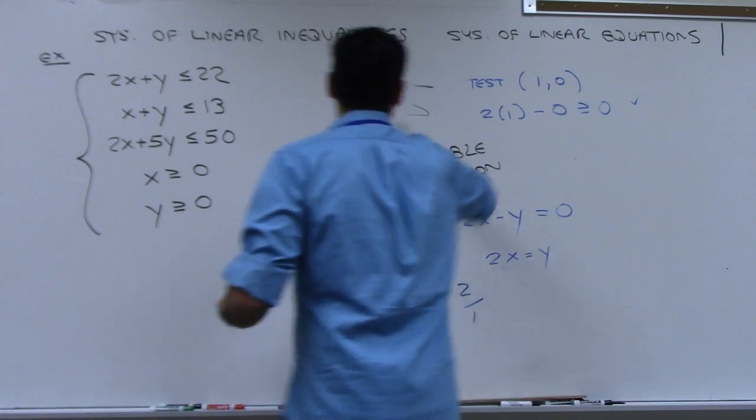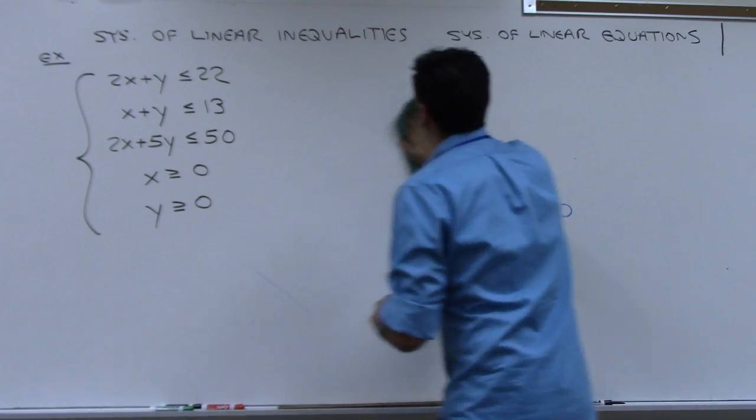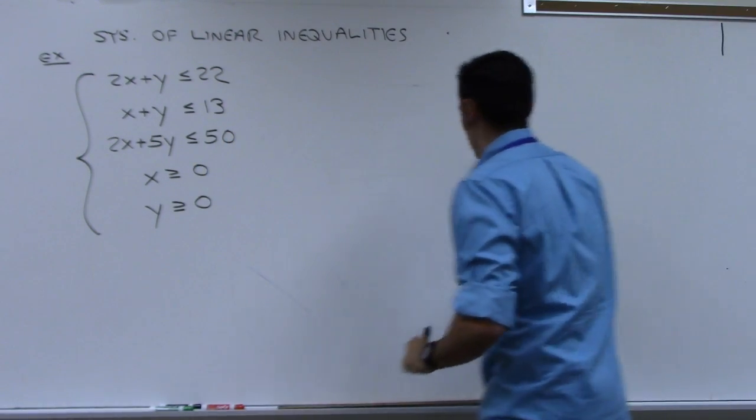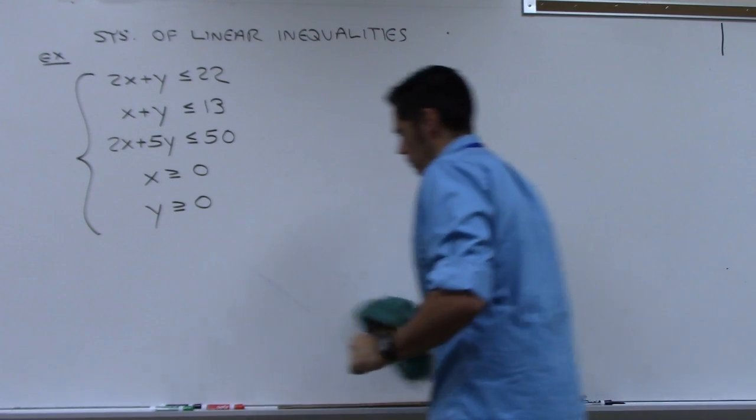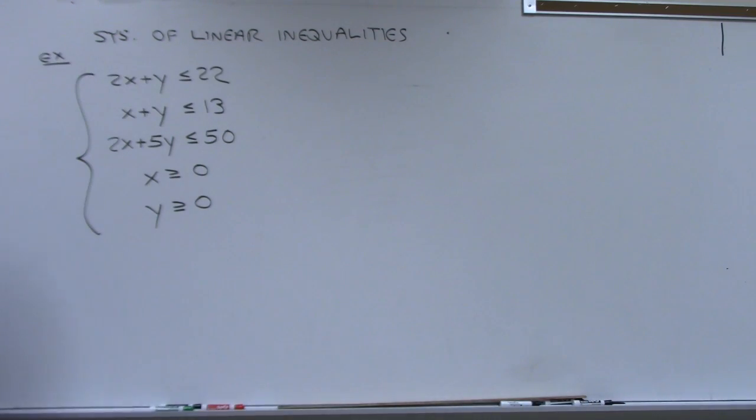Now this is more like a problem for this course. You have a system of linear inequalities. You actually have 1, 2, 3, 4, 5 of them, right? 5 of them.